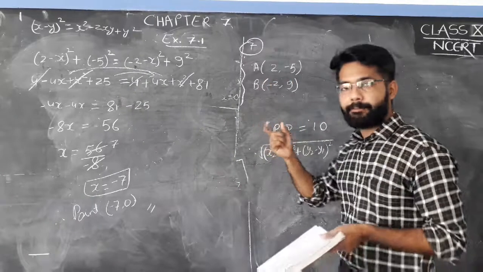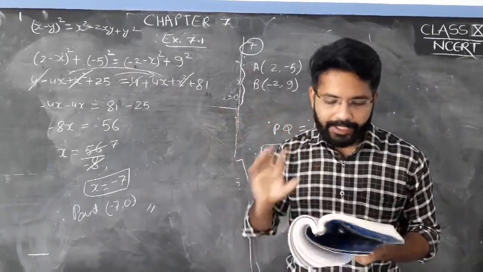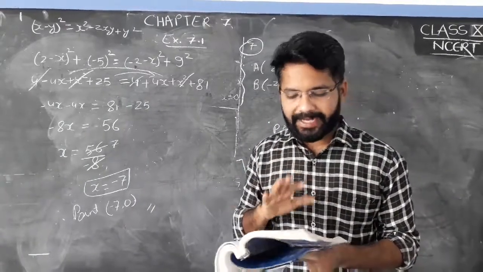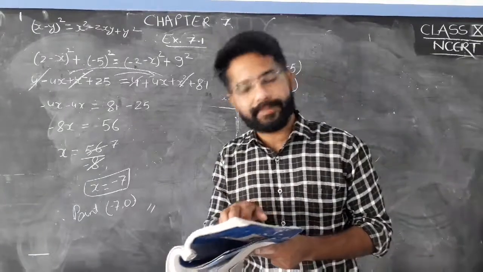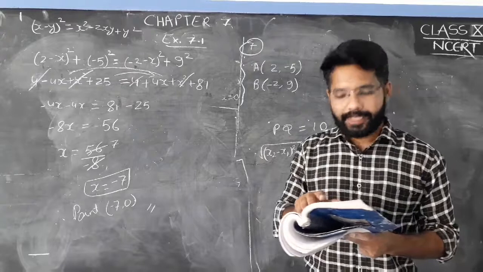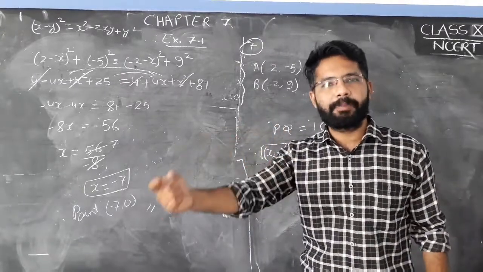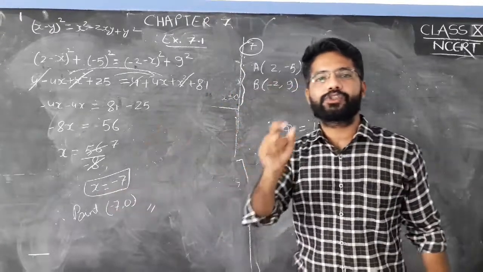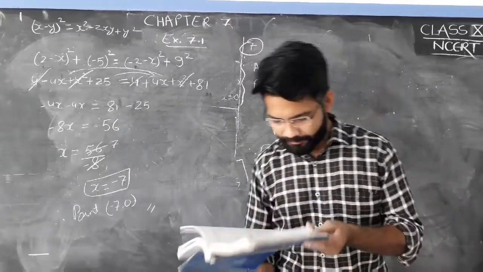Where I had taken P (x, 0) earlier, here you have to take P (x, y). A you have (3, 6), B you have (-3, 4), and P you have (x, y). Solve the whole thing with the same method, using PA equals to PB. Okay, and finally when you get the answer, your answer should be in the form of an equation. You will get an equation in form of x and y.